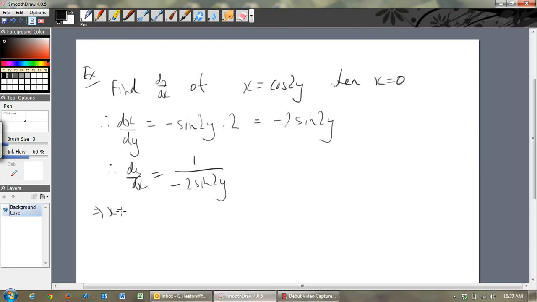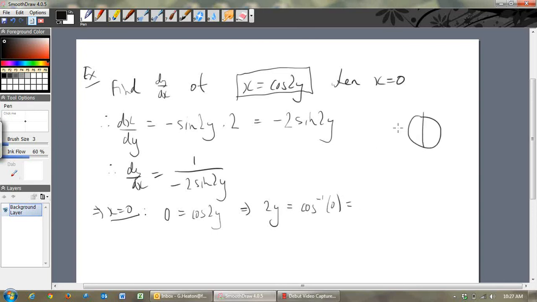So therefore, when x is equal to 0, let's substitute it back into our relation here. We have 0 equals cos 2y. Therefore 2y is equal to cos inverse of 0.